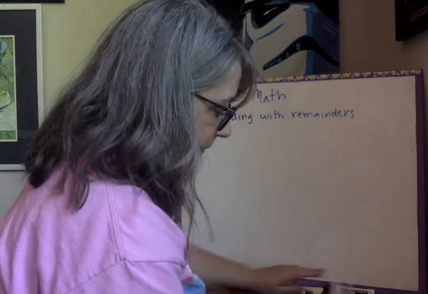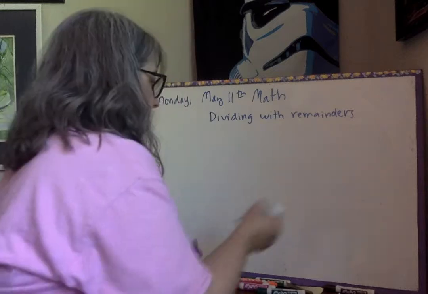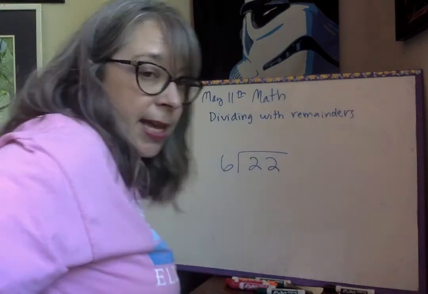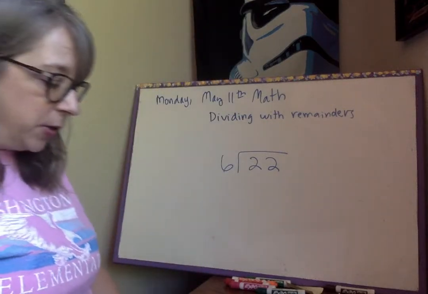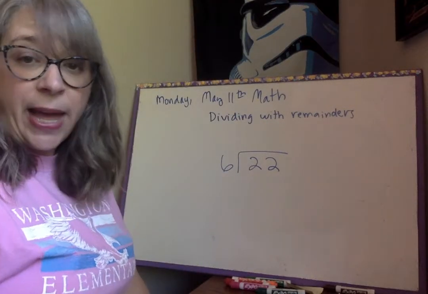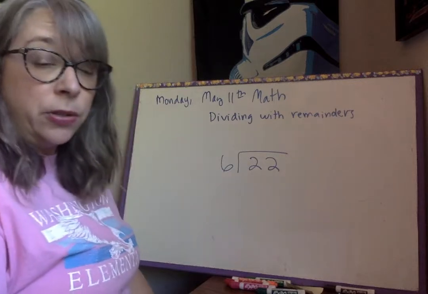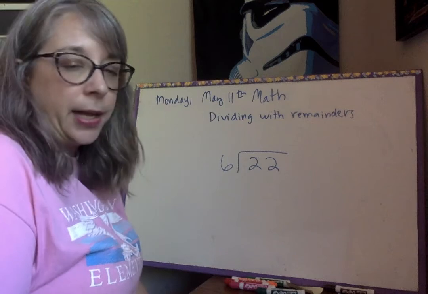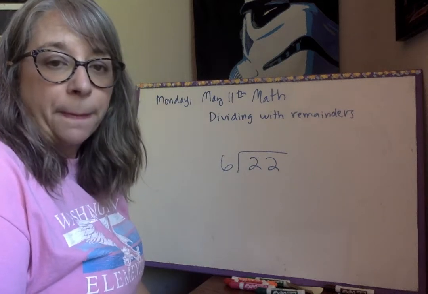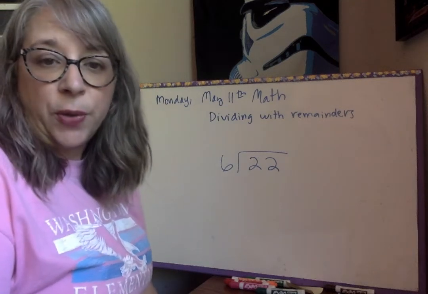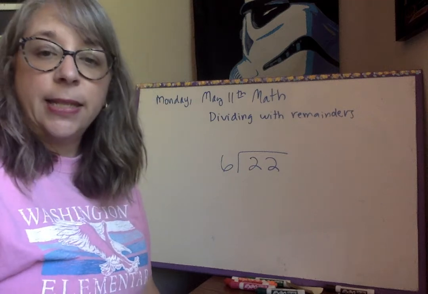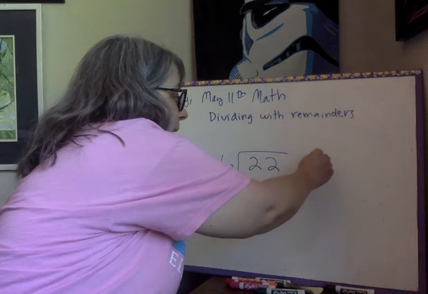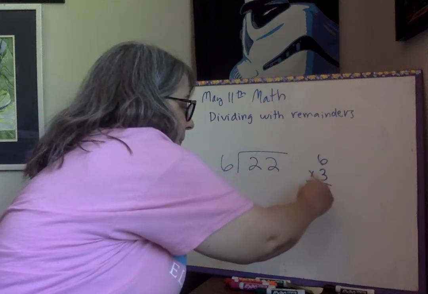What if we did, let's do 22 divided by 6. Again, this is a good time to remind you that knowing your multiplication facts would be very beneficial right now. So you can think, okay, 6 times 2 is 12. 6 times 3 is 18.